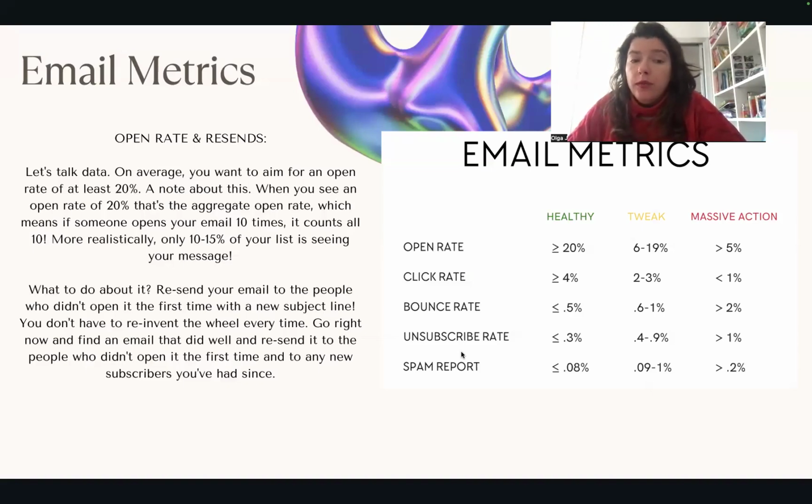So what you can do in order to boost those metrics is do a resend of the same email with a different subject line after 1 day to non-openers, to the people that have not opened your email. You can segment those people out. You can create a little group, and I can show you in MailerLite in a minute how I was segmenting them for the Black Friday campaigns.